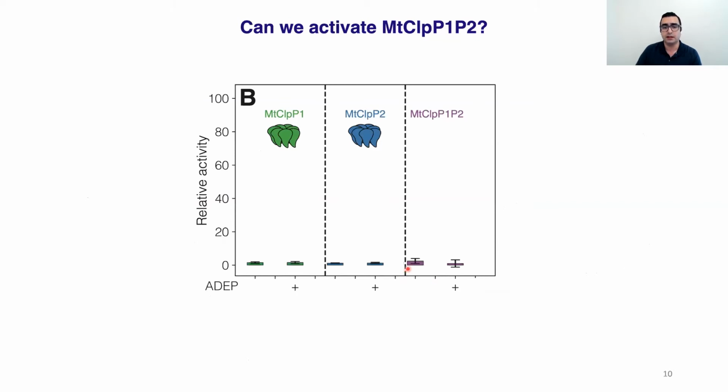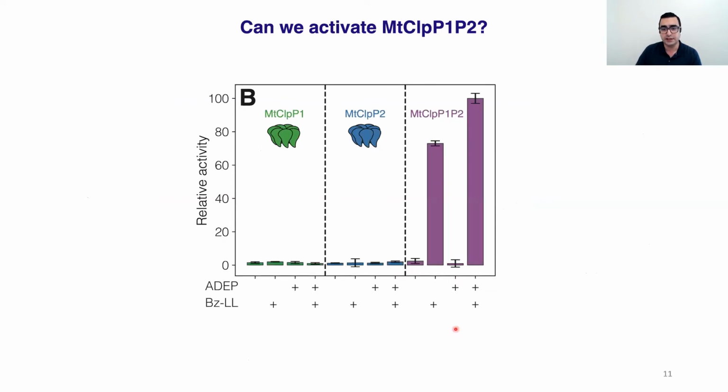So ClpP1 and ClpP2, even when mixed, are still catalytically dead. ADEP doesn't activate them. But what is known in the field is that if you add this bzl molecule, it's basically a dileucine with an end-capping benzoyl group, you get activity back in ClpP1P2.